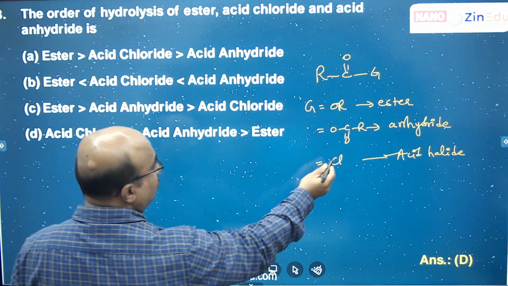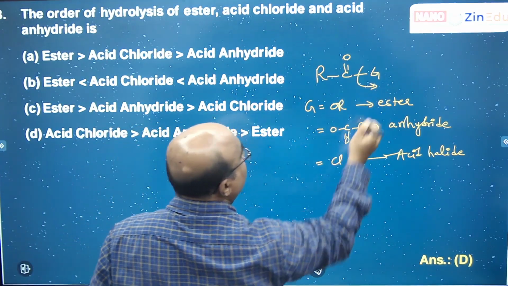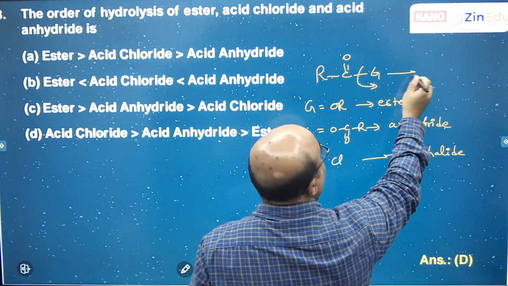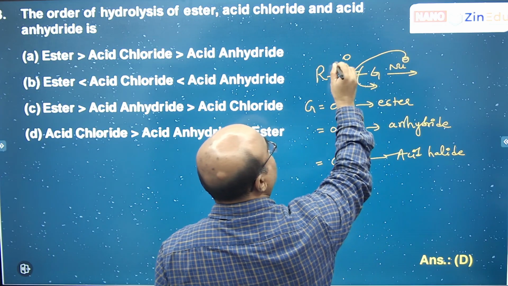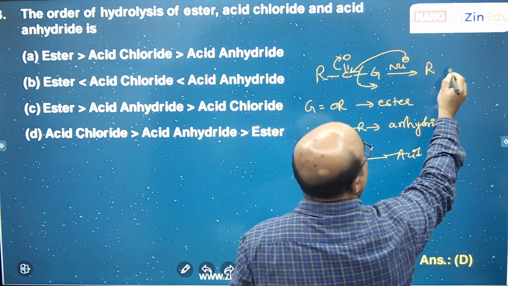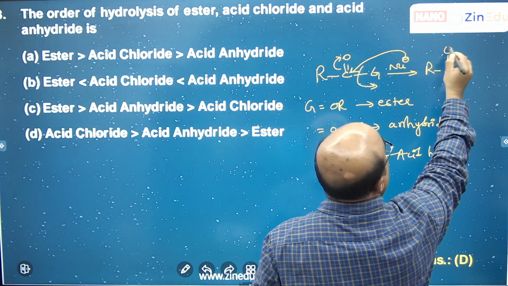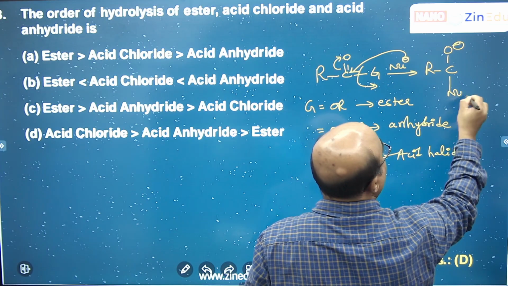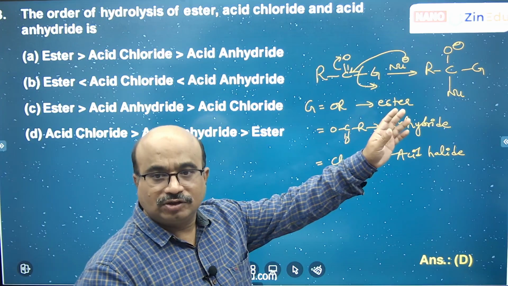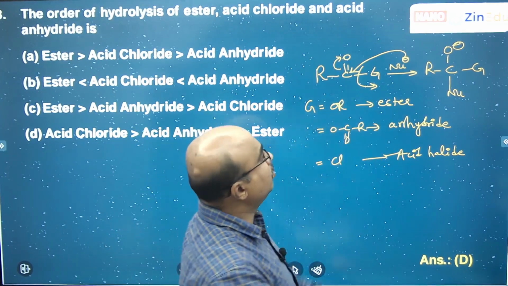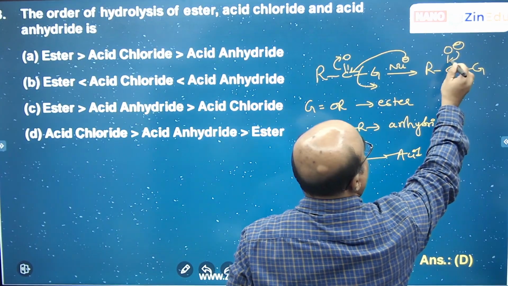So, Cl minus leaves here, because when the nucleophile attacks, it forms a tetrahedral intermediate: R C, O minus, Nu and G. This tetrahedral intermediate is unstable. To get stability, the group will leave.